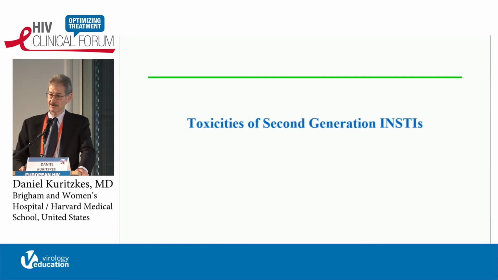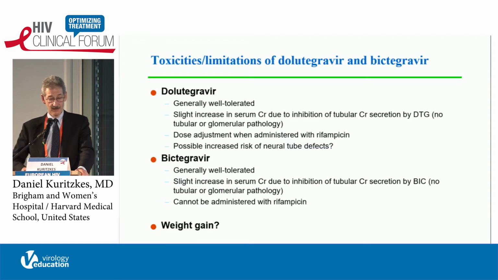Well, what about the adverse events associated with second-generation integrase strand transfer inhibitors? Both drugs are generally well tolerated. I only showed you the data for dolutegravir, but the same would apply for bictegravir. Both drugs have a modest effect, not a clinically significant effect, on tubular secretion of creatinine, and therefore cause an artifactual reduction in estimated GFR without any renal pathology.